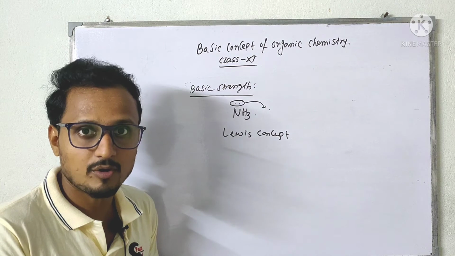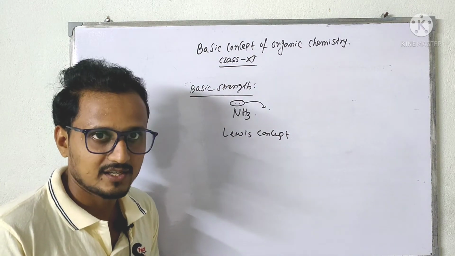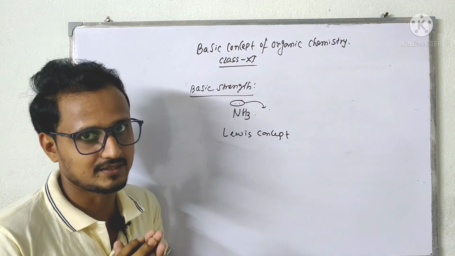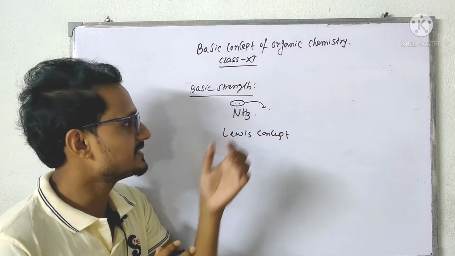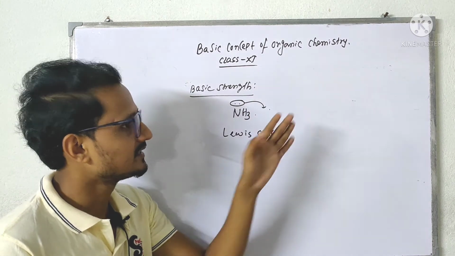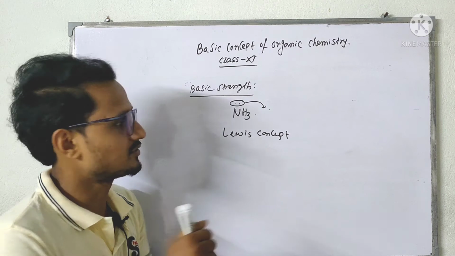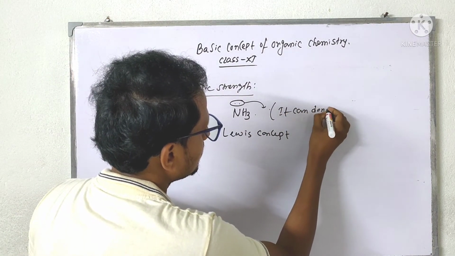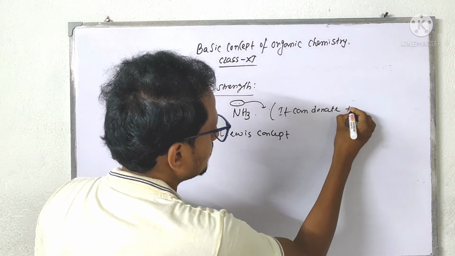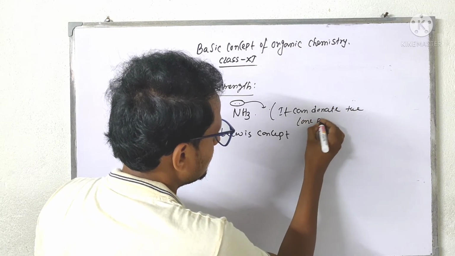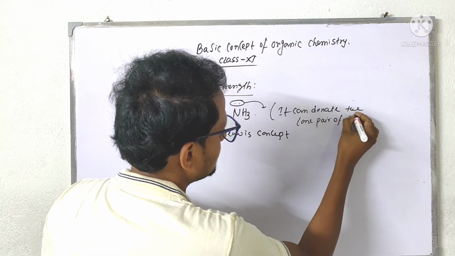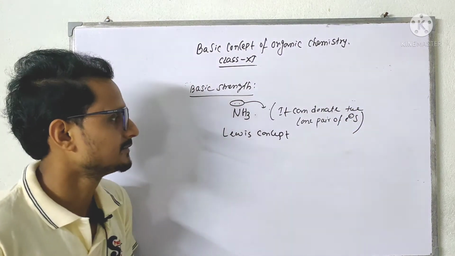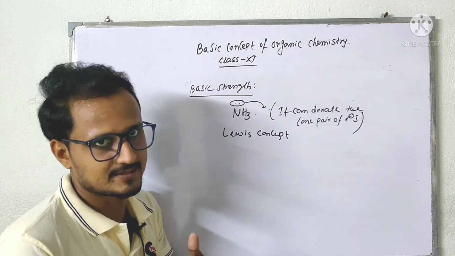It can form a coordination bond with a ligand or with a positively charged ion. So that's why ammonia is a base, because it can donate the lone pair of electrons.